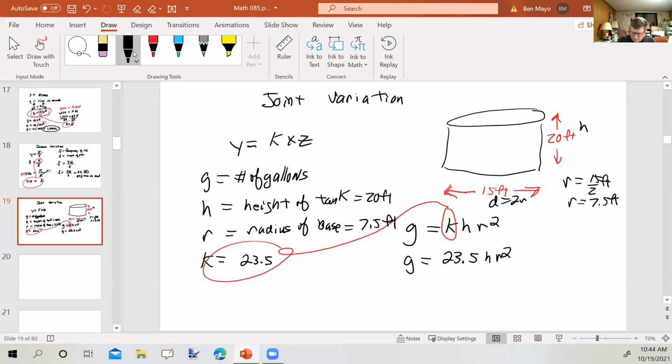So we're to find the number of gallons. That's 23.5 times the height, which is 20 feet, times the radius, which is 7.5, and we square that, okay?